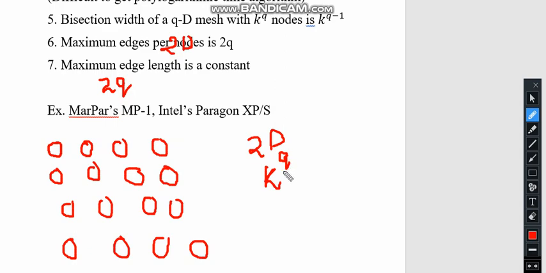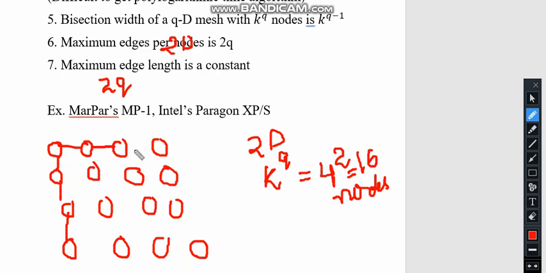The value of q is 2 here, and we are taking 4 to the power 2, so we will have 16 nodes. These 16 processors are arranged in the form of a two-dimensional lattice.